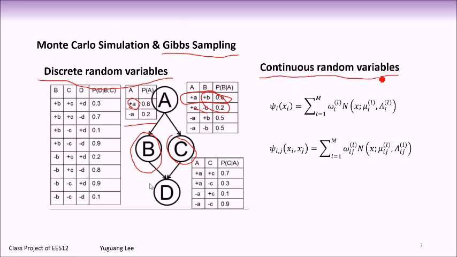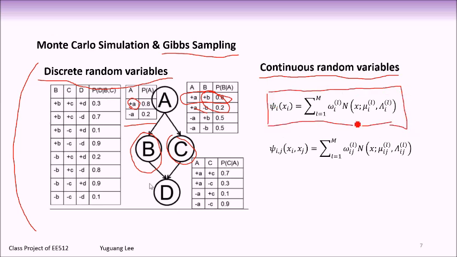When we use Gibbs sampling on continuous random variables, it actually follows the same rule and the same idea. However, the method to take samples according to a continuous distribution is a little bit different.